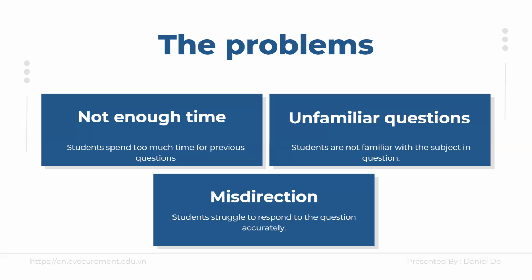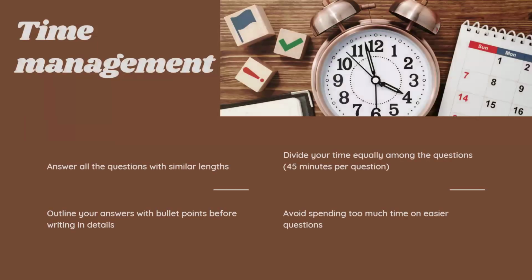First thing, with time, we actually need to practice the time management skill. With the exam, time is a very scarce resource, and we cannot expect that SIP gives us forever to finish the question.